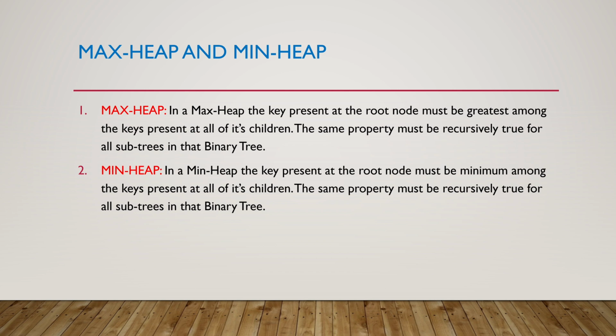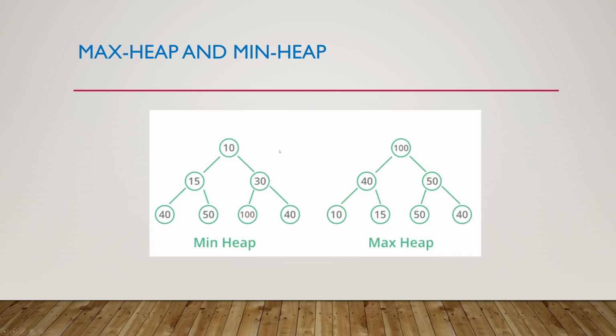Also, a heap can be of two types, max heap and min heap. As the name suggests, the max heap will have the root node as the maximum element, and it will go from the maximum element towards the lower elements, and the reverse is true for min heap, for which the root node element will be the minimum. Let's take an example of max heap and min heap here.